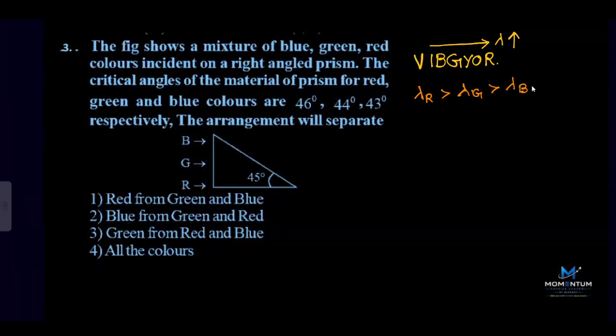As wavelength increases, refractive index also increases; wavelength is directly proportional to refractive index. Red has more wavelength, so the refractive index for red is greater than that of green, and thereafter that of blue. Is this step clear first of all?